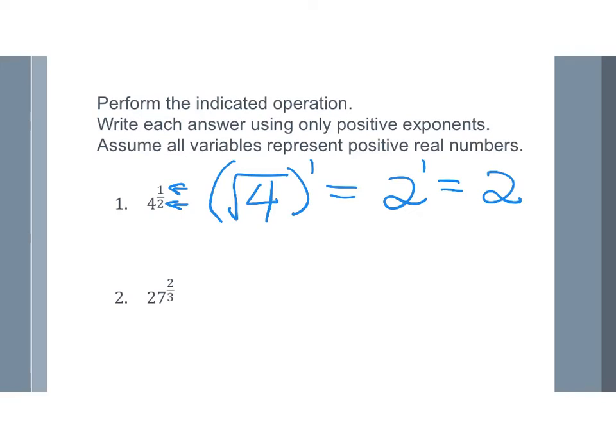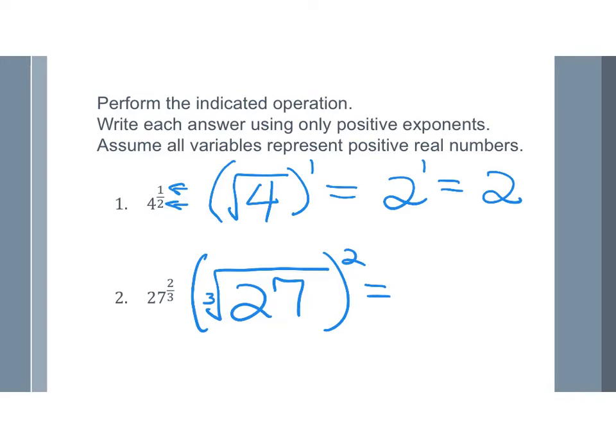For the next one, I take the 27. It's going to go under my radical sign. I'm going to be taking the third root. That's my denominator. After I find the cube root of 27, then I'm going to square it. So the cube root of 27 is 3, and then I square it, and I get 9.